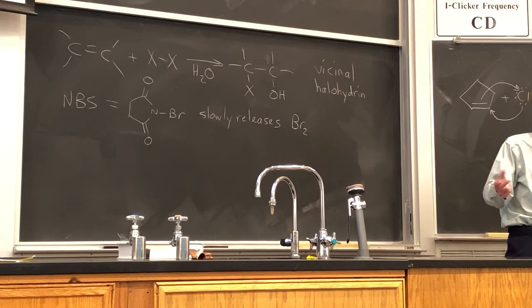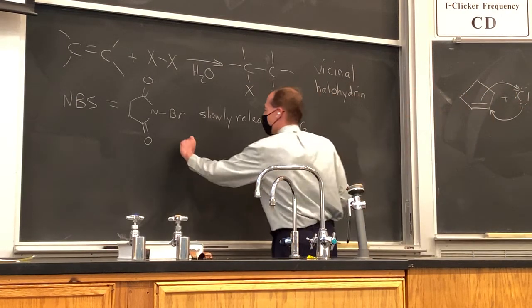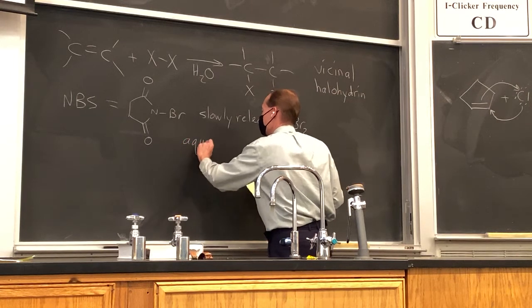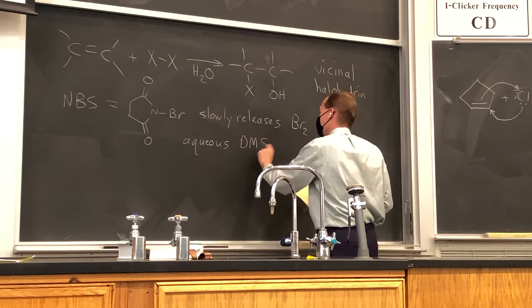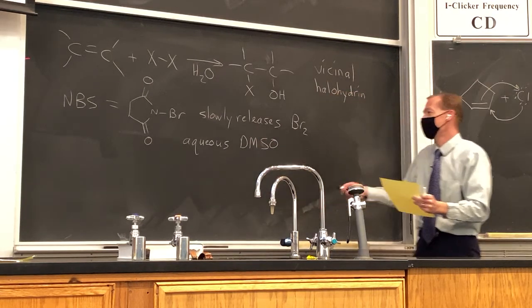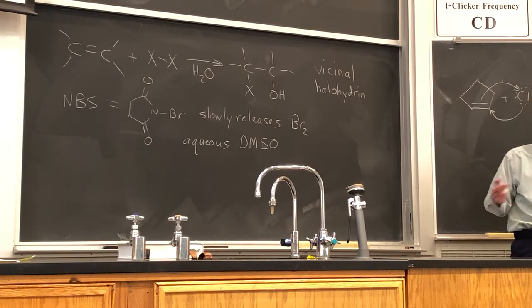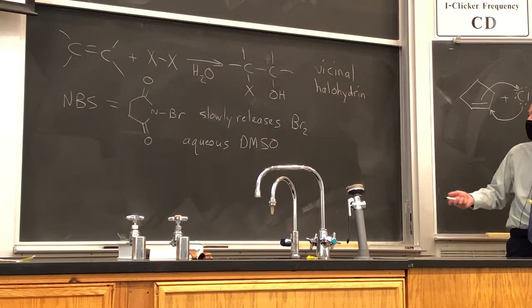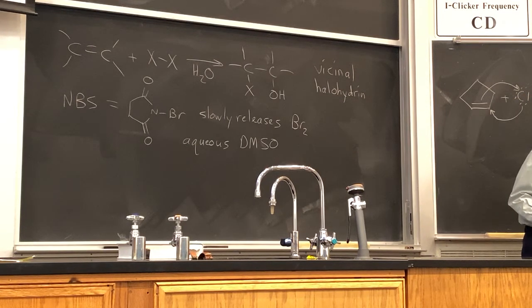On paper, you can write either one. But if you use NBS, you have to use aqueous DMSO as the solvent, okay, in order to get everything to dissolve. To get this to dissolve well, you have to have DMSO mixed with your water. And so it's important, if you're going to use this as a reagent, to specify that you're using aqueous DMSO.